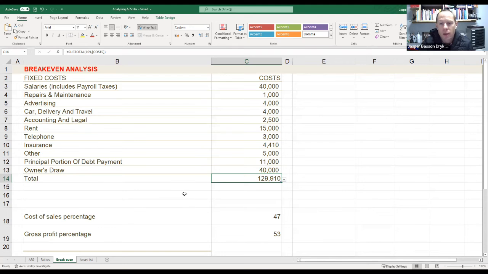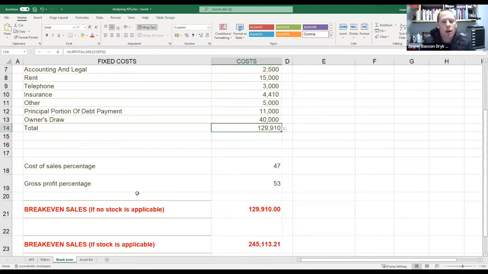That's the monthly overheads. So if you're not involved in any stock, so you don't do retail, you don't buy and sell any items, if you have a consulting business, like an accountant like me, I don't have any cost of sales, any stock items that I resell, you don't have to do any further calculations.